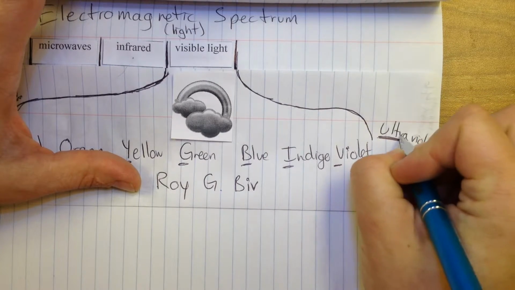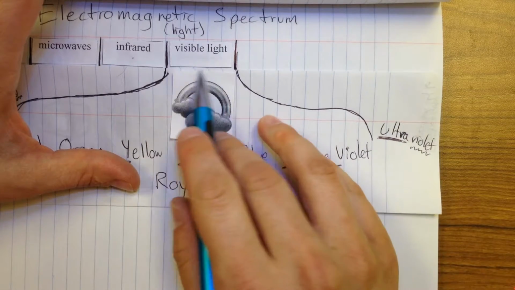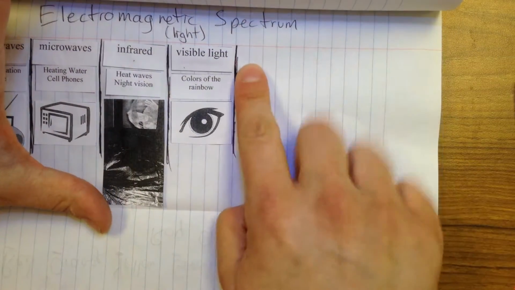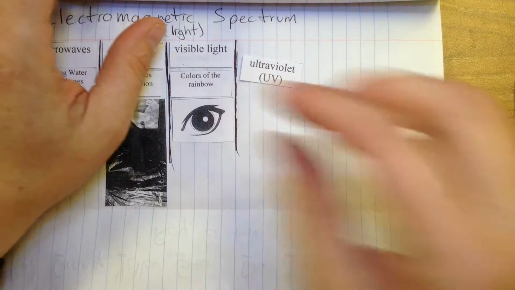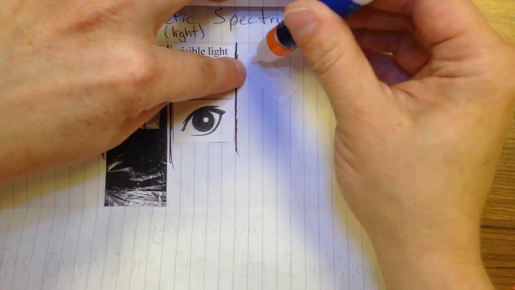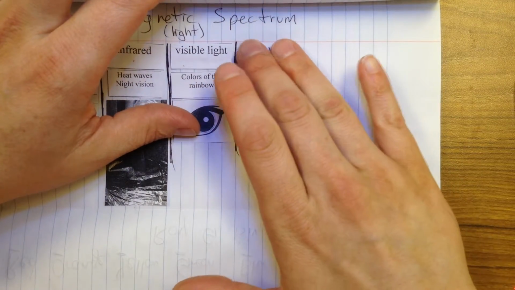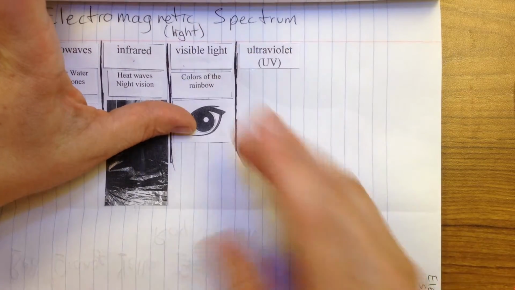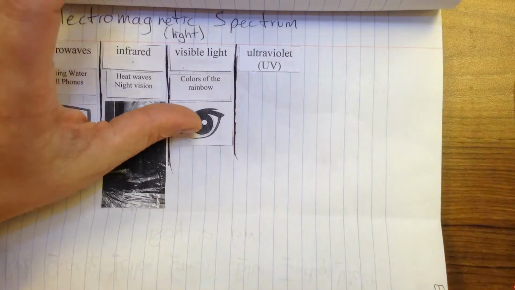Ultra means above violet. So visible light, the next section is going to be ultraviolet. Go ahead and glue that in. Ultraviolet, more commonly referred to as UV light.